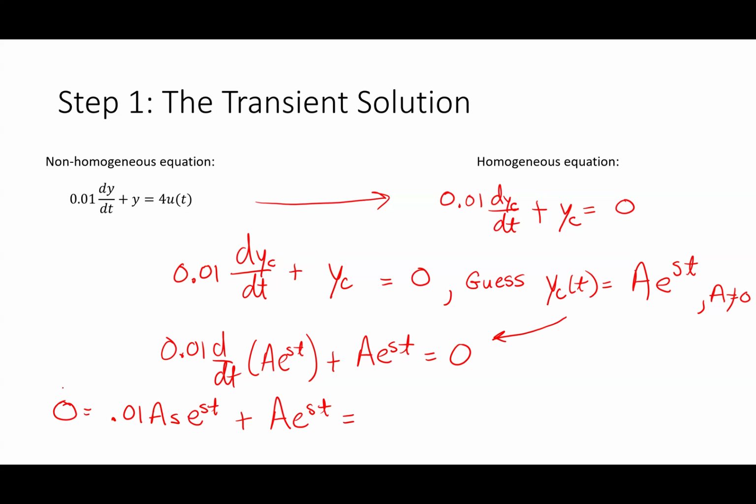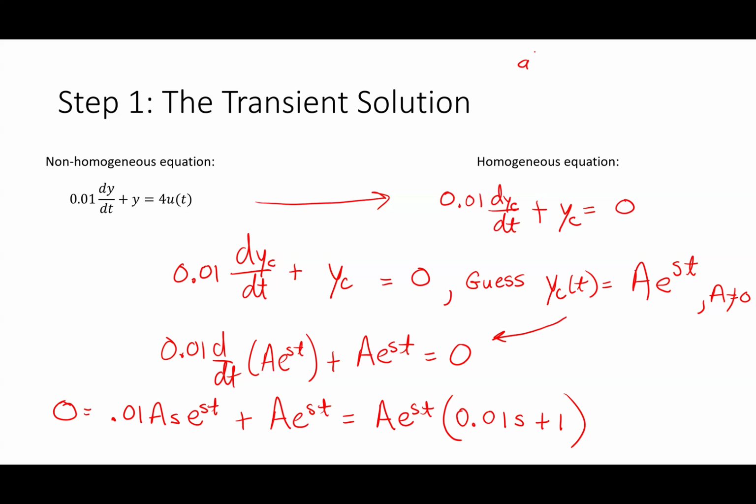What can I factor about this equation I just wrote? Yeah, A e to the st comes out. And that's multiplied by what in this case? 0.01 s plus 1.